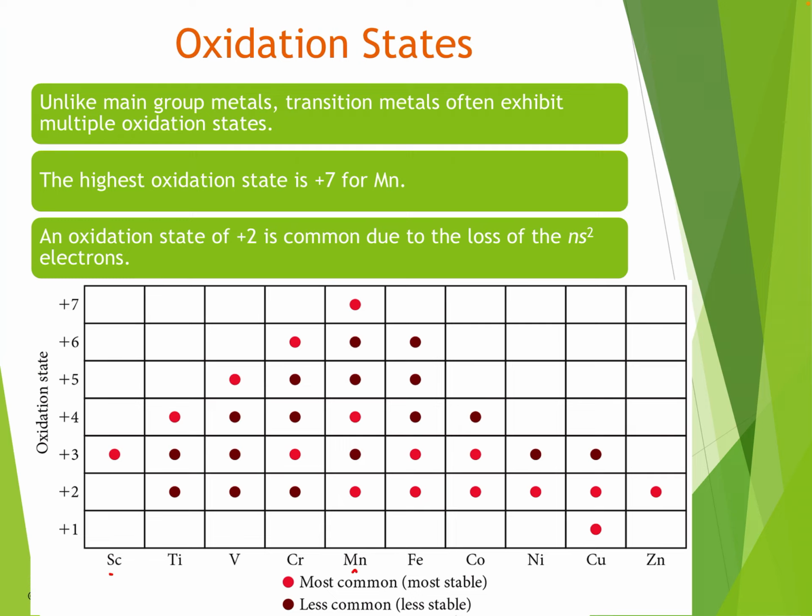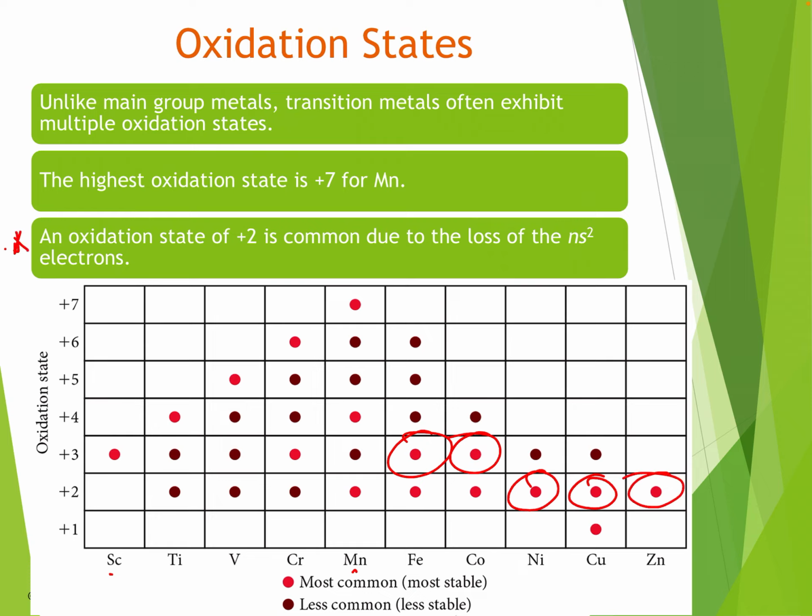Like I said, for scandium through manganese, that means they're going to lose all of their valence electrons. And then for iron and cobalt, they form +3s, and nickel, copper, and zinc will form +2s. Again, there are other dots, other really common oxidation states, but a lot of times if I'm going to ask it, I will ask for the maximum common oxidation state.